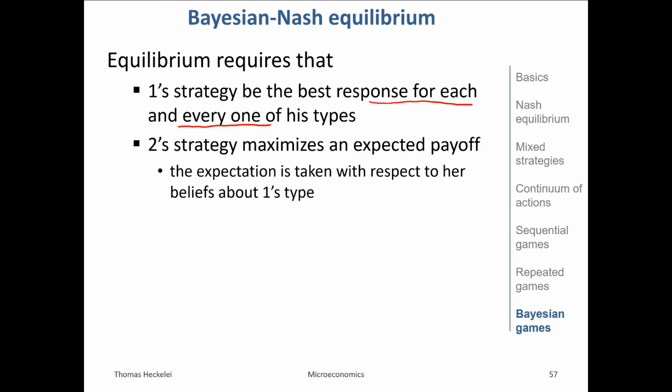Expected, if you still remember, is the payoff weighted by the probability of the game occurring under each type. So the expectation here is taken with respect to her beliefs about the first player's type.